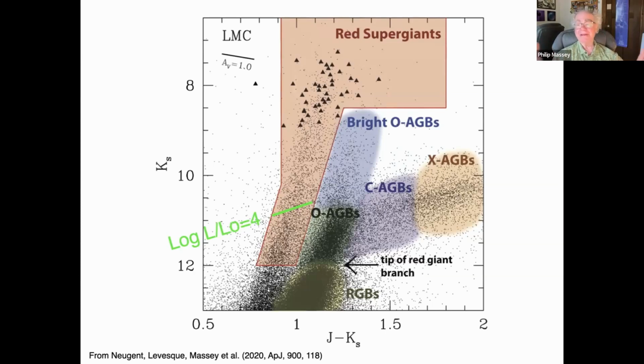Of course, it's based on titanium oxide lines, and some people don't believe that's telling you the temperature, but I do. While in the Magellanic Clouds, a typical red supergiant is like a K star. It's not an M2. The temperature where you find the red supergiants is going to be very much metallicity dependent. I completely agree, and that's why we have always taken that into account. Okay, thank you very much.